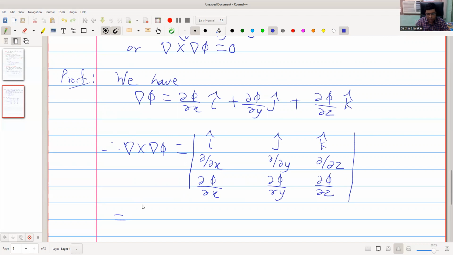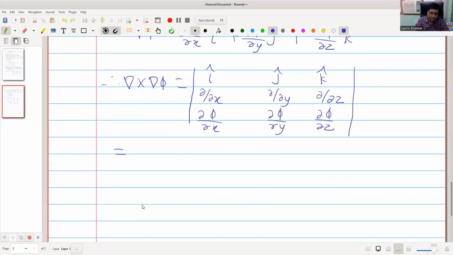And this determinant equals i hat into this operator operating on partial derivative of phi with respect to z. So it will be partial 2 phi by partial y partial z.